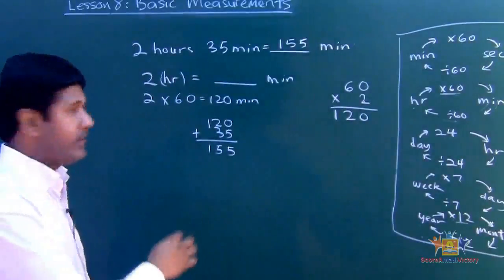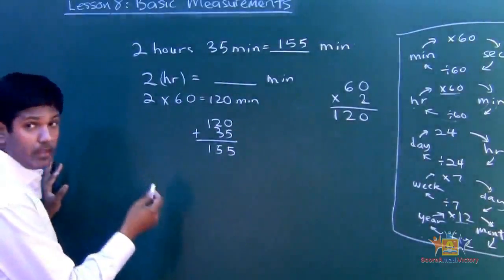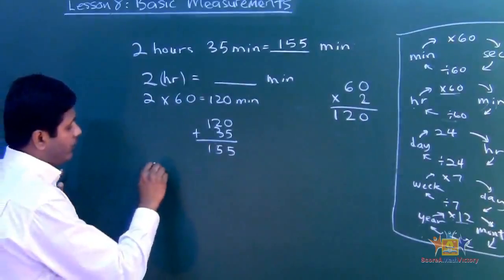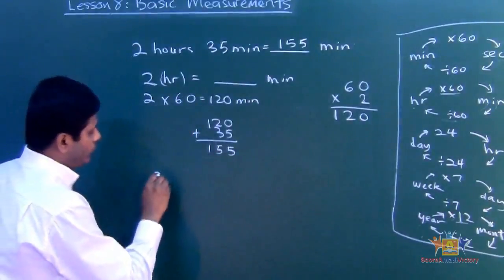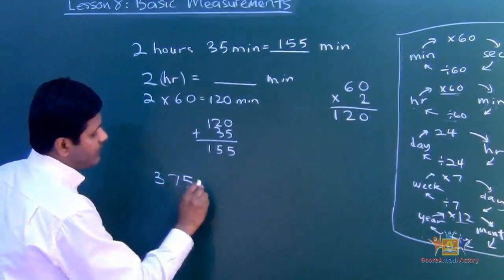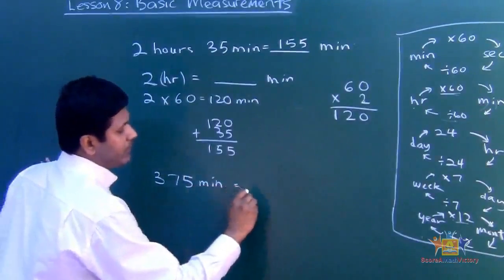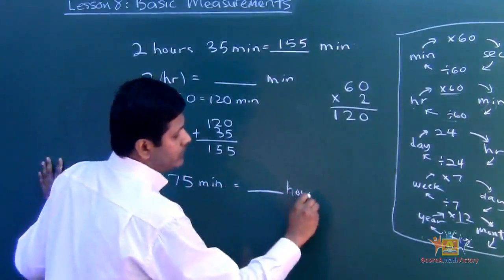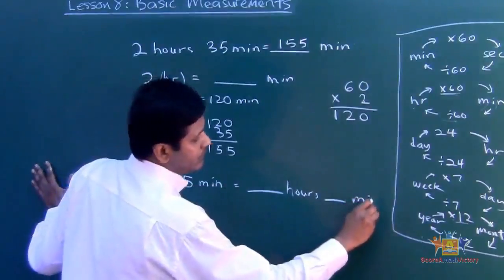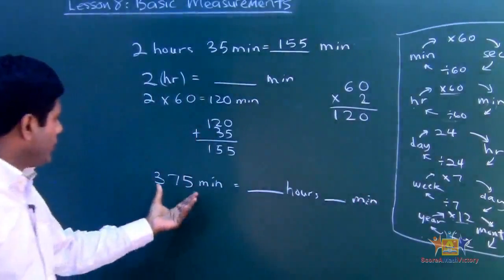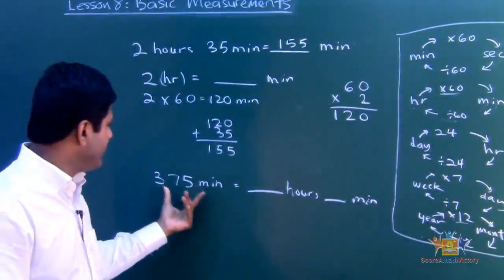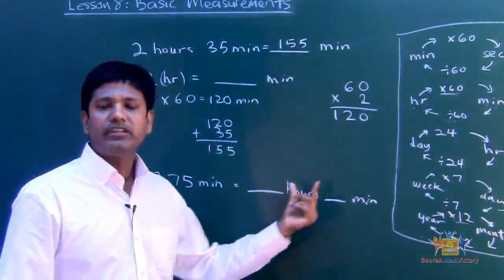Alright, now let's say for example, if I go reverse, if I were to give you 375 minutes, and I want you to express that in the form of hours and minutes. Okay, so keep in mind, you're breaking that 375 minutes into hours and minutes.